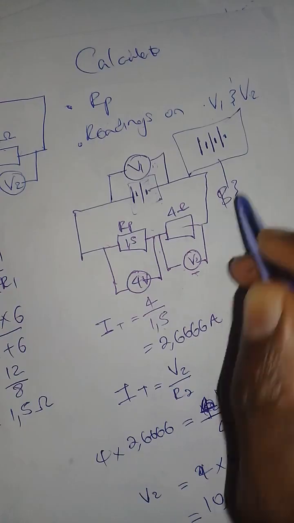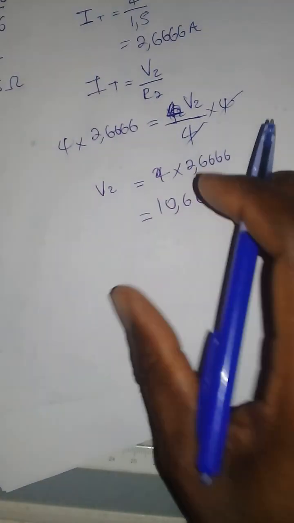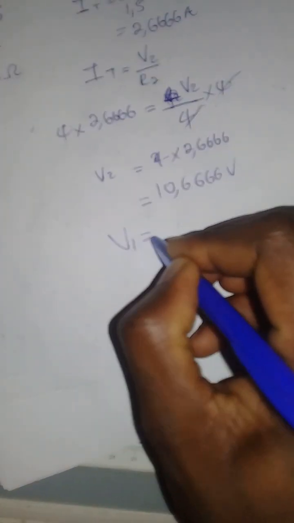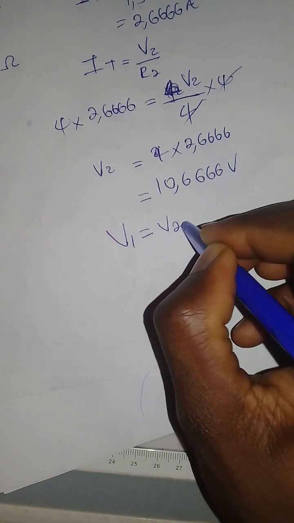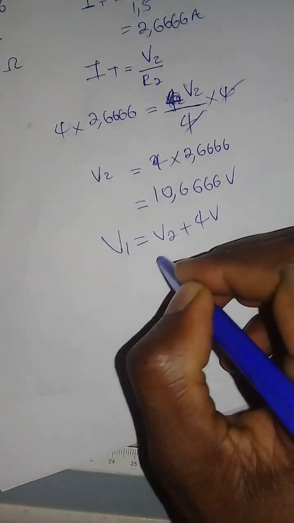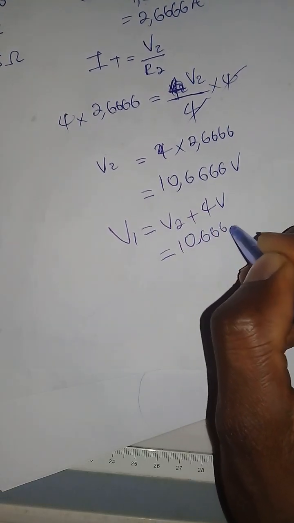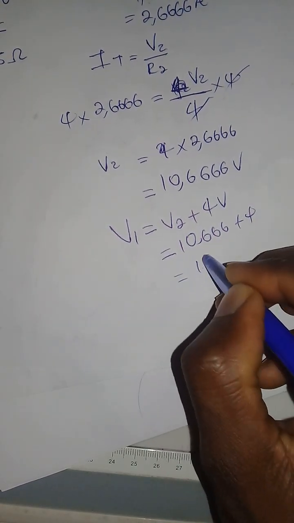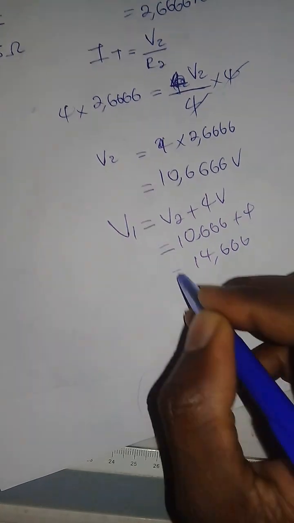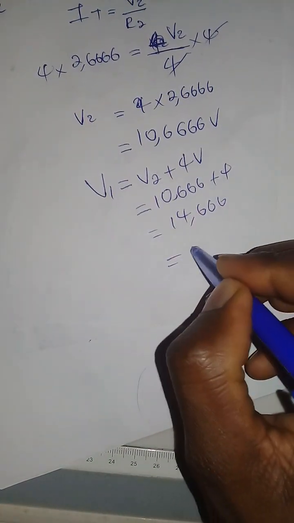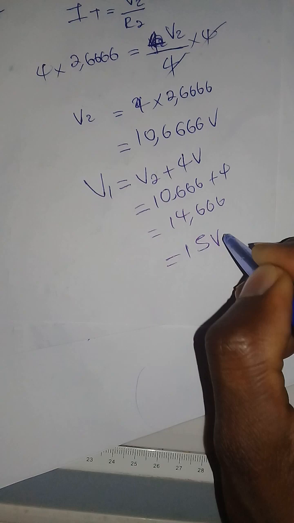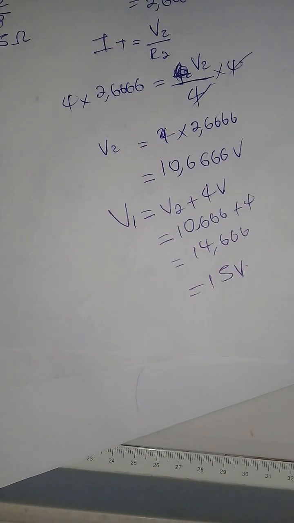So we can say V1 is equal to V2 plus the 4 volts. That's 10.666 plus 4, which gives you 14.666. If we round this off to one decimal place, then it would give you 15 volts. That would be our V1.